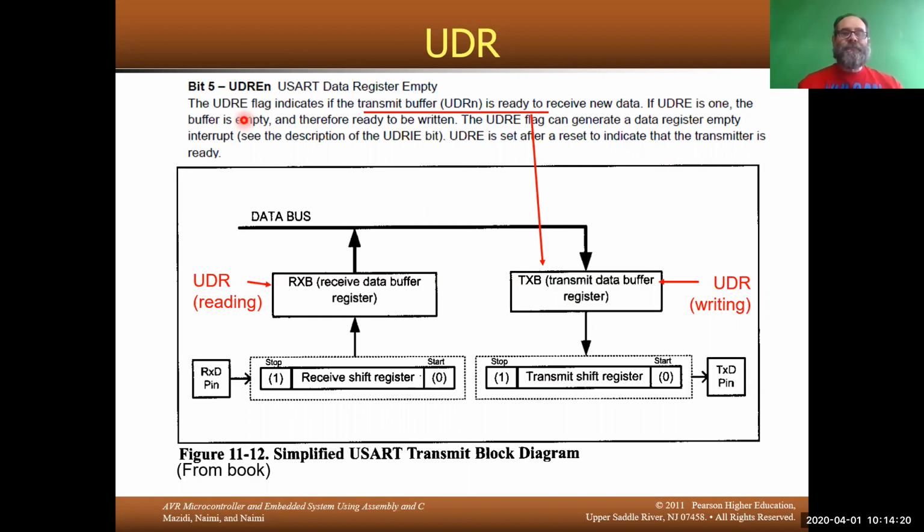When that condition happens, so I've just loaded something from the transmit data buffer into the shift register, then this data register empty flag is set. In other words, it's time to store a new character in this register because the one that was just in there is now being transmitted.